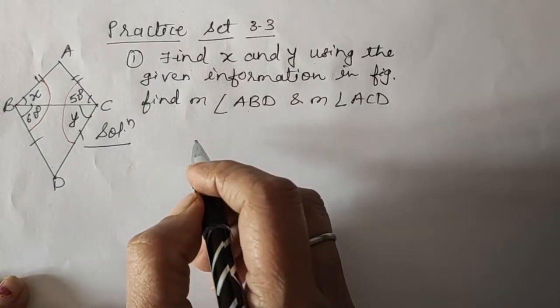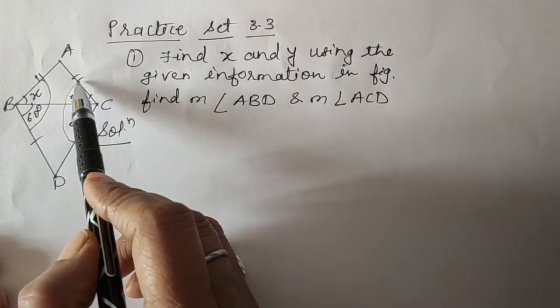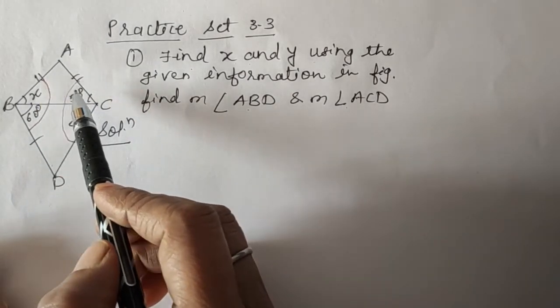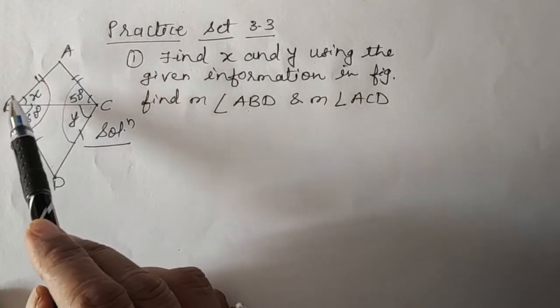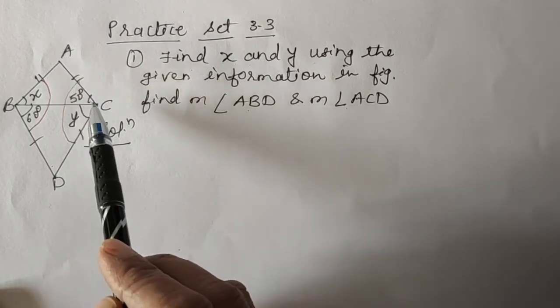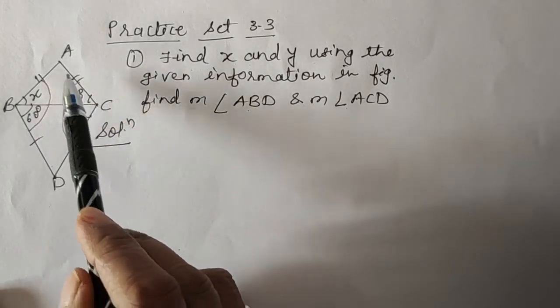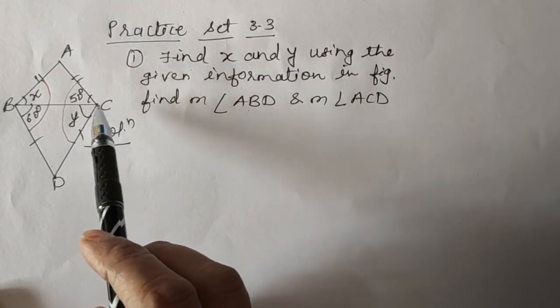Okay, now see children, we have given in triangle ABC these two sides are equal. You can see the identical marks. So this plays a very important role. So these two sides are equal, means in triangle ABC, AB is congruent to AC. It means angle ABC and angle ACB are congruent by the isosceles triangle theorem.